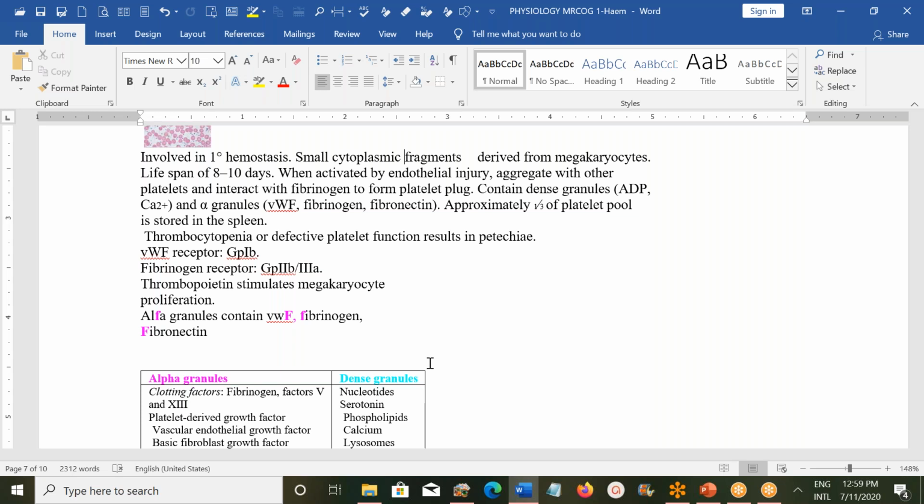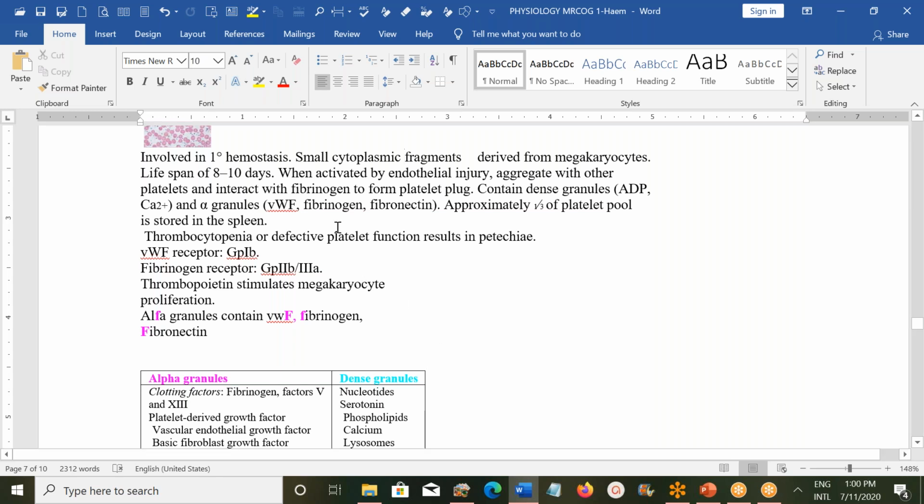Which growth factors are the platelets producing? Platelet derived growth factor, very simple. That is important. So the basic mechanism is very simple.